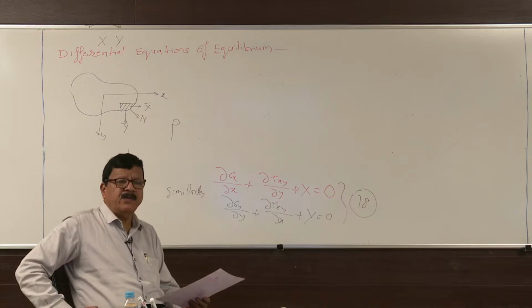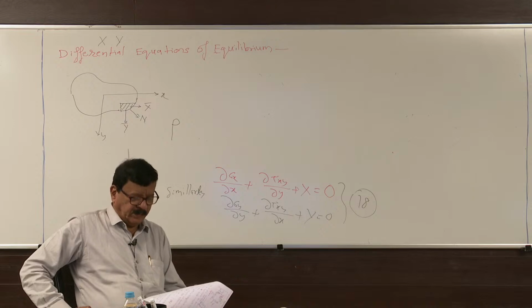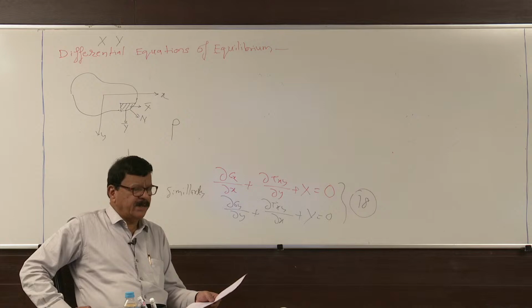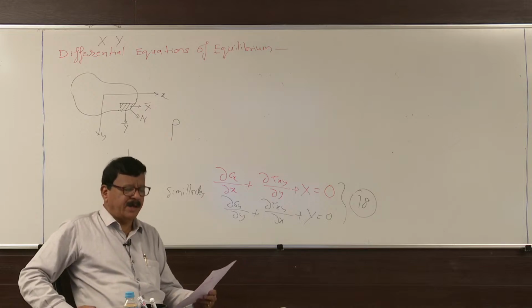Weight is equal to mg. This is, weight is always equal to mg, mass multiplied by the gravitational acceleration.